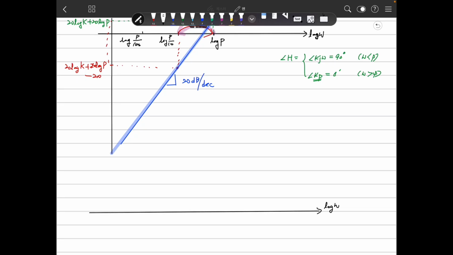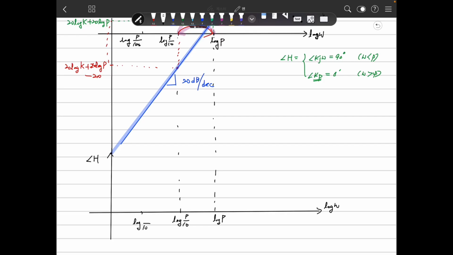That is log omega, and we have similar lines here, and this is the phase angle of H. Then we have the same points here. This is log p, and this is log p over 10.